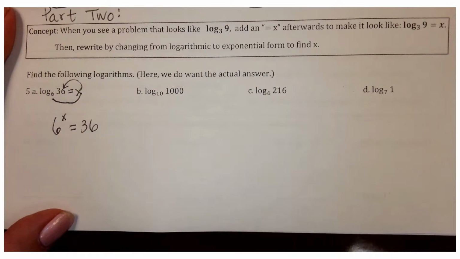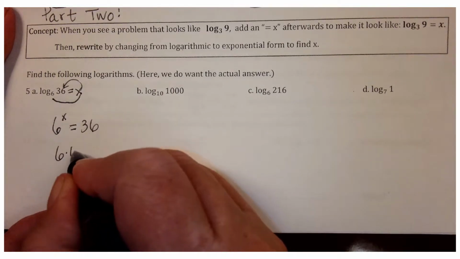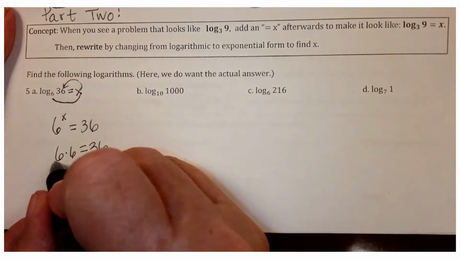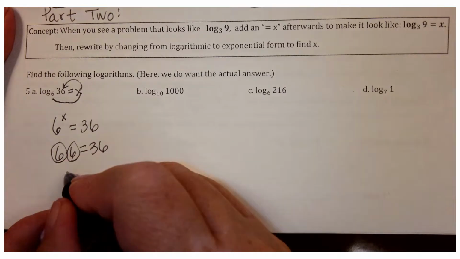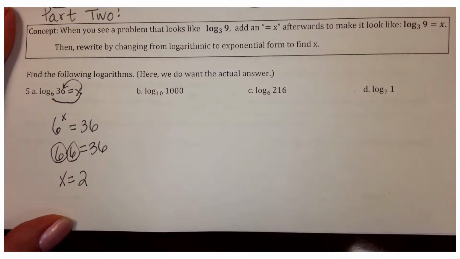We can use logic and just try something. Let's try 6 times 6. What does that give us? That is 36. So how many 6's do we have? We have 2. So x equals 2. So we're actually figuring out the value of the answer.